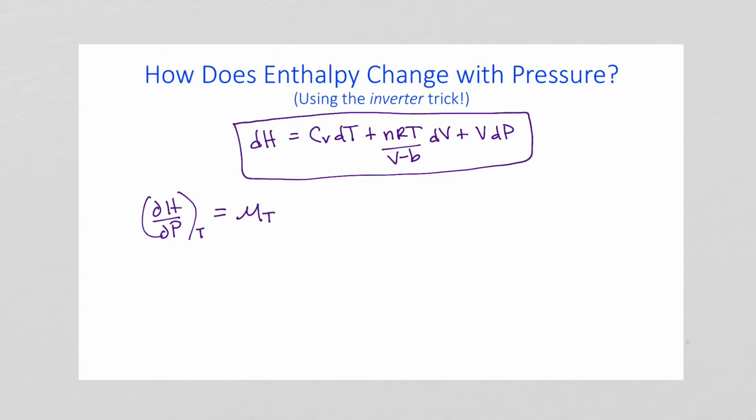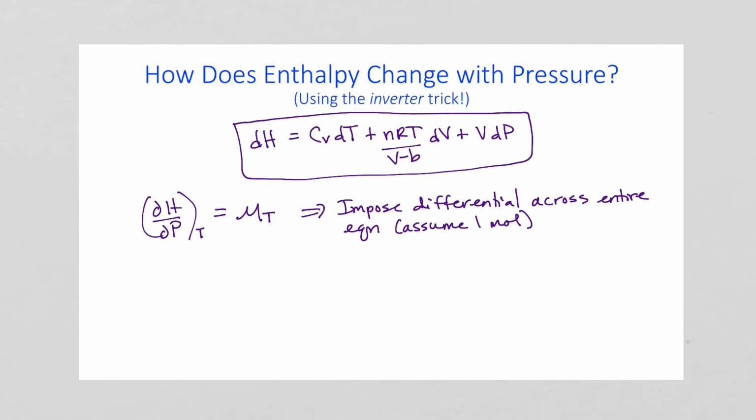It's not like what we had for pi T, which was internal pressure, so this just goes by mu T, and it represents the change in our enthalpy with pressure at a constant temperature. In order to get this quantity, we're going to simply impose the differential across the entire equation. We're going to impose this derivative with respect to pressure across this whole expression.